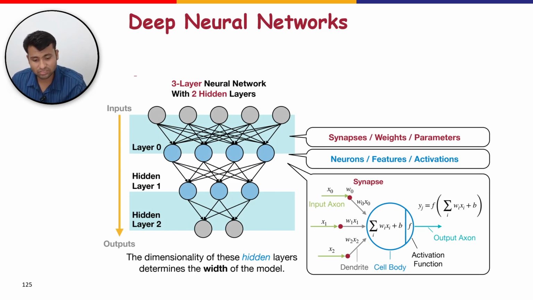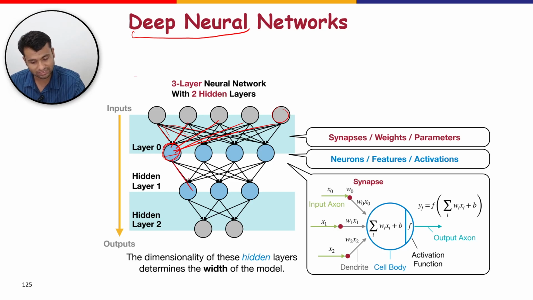Then comes what are deep neural networks. When we apply this concept to multiple layers, it forms a deep neural network. Here these are the nodes, the inputs, and these lines represent the weights. For each node in the output, there are inputs coming from different nodes in the input layer, and together they are summed and an activation function is applied.